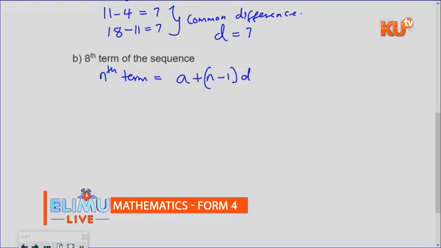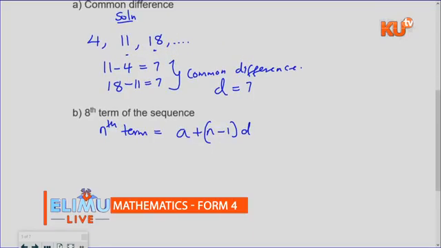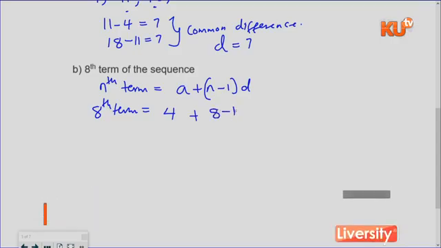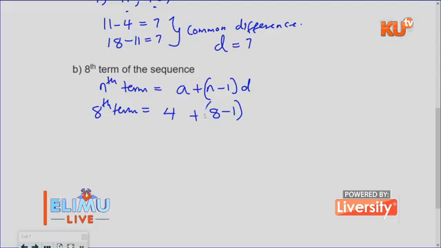That is how we get the nth term. In this case, our A is the first term, which is 4, and our common difference is 7. So we replace and have 4. Remember, this is the 8th term. The 8th term is equal to 4 plus n, which is now 8, minus 1 times the common difference, 7.